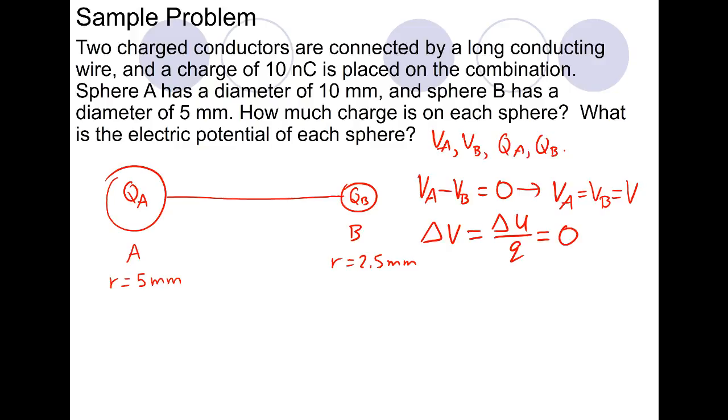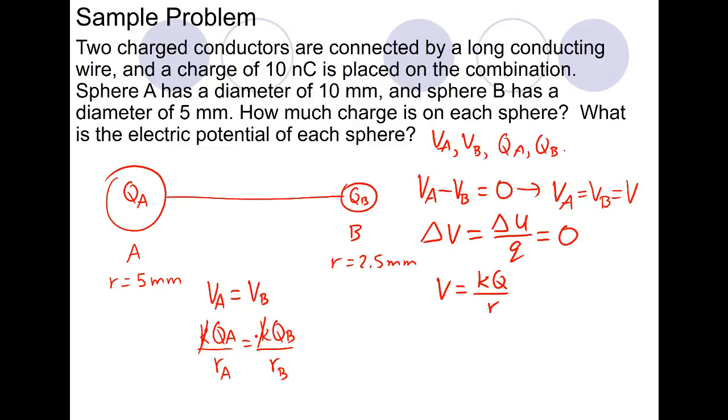Okay? And we know that V for a charged sphere, because it acts like a point particle, is just kq over r. So that means that VA is equal to VB. And so what we have is that k QA over RA equals k QB over RB.